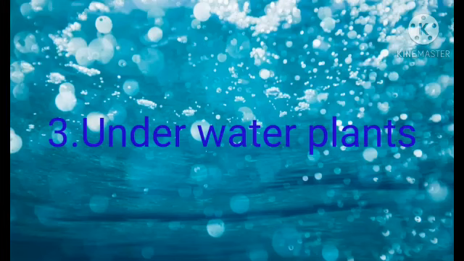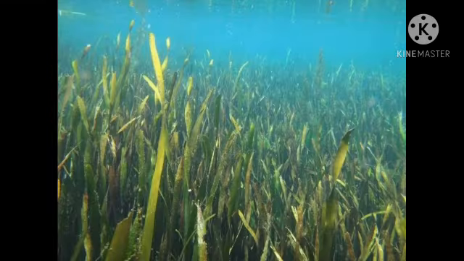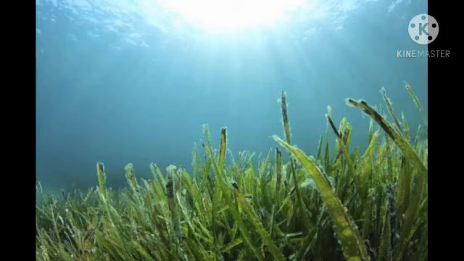The third type is underwater plants. Underwater plants are called aquatic plants. They grow under the seas and rivers. They grow completely under the surface of the rivers or seas. For example, algae.